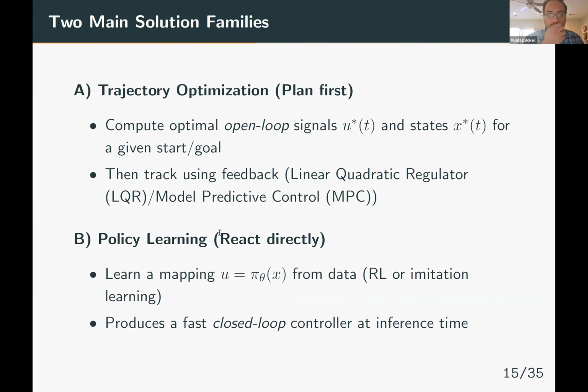Now, to solve the optimization problem, as I mentioned, we can come up with two approaches. One is what we call trajectory optimization. Basically, this is plan first and then control later, which means that first we need to compute the optimal open loop signal U star and the optimal state X star for a given start and goal.